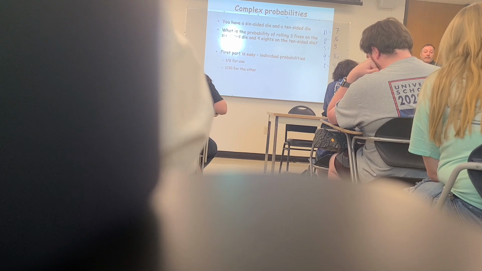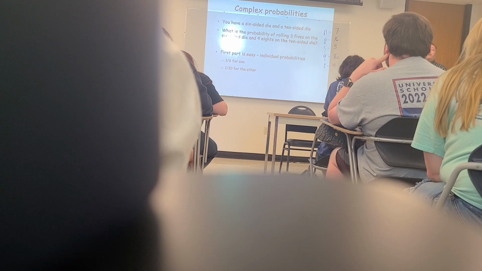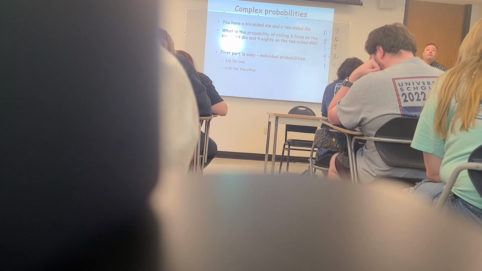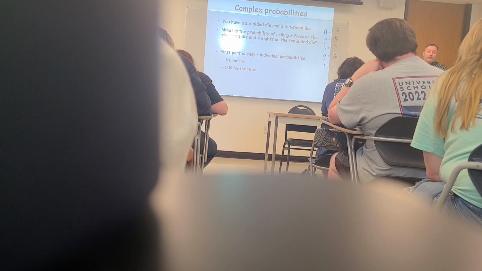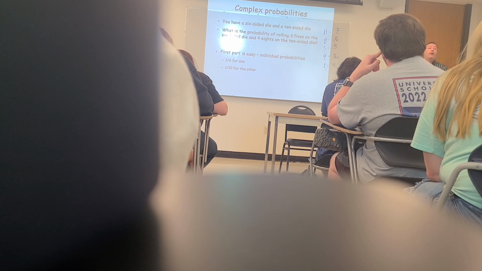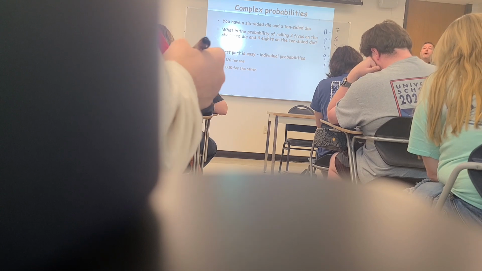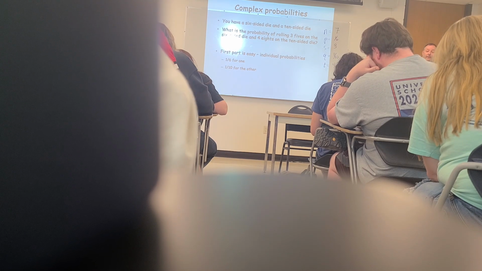First question is, does anybody not understand how we arrive at these numbers? I'll take your silence for the fact that half of you do know what's going on, half of you don't know what's going on.